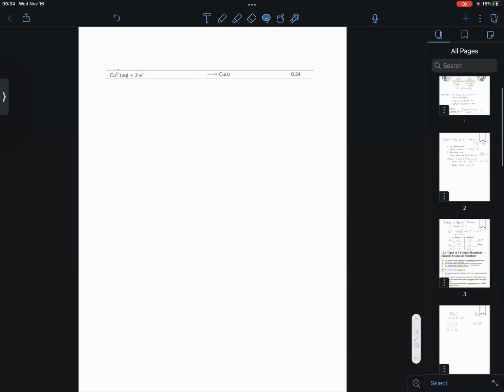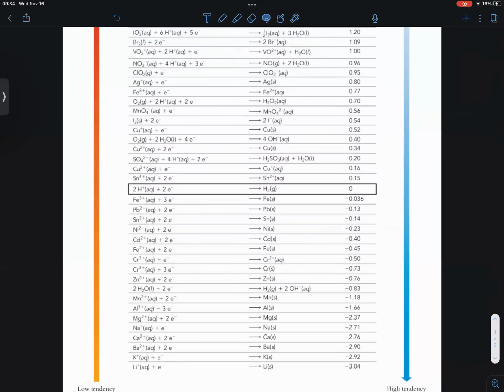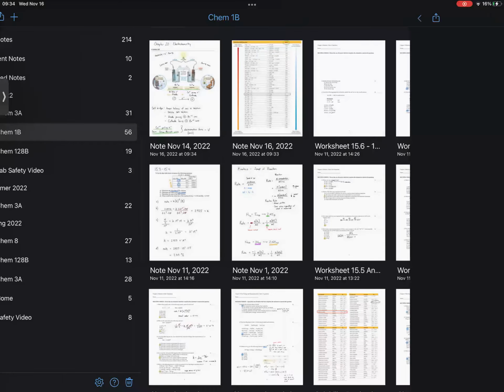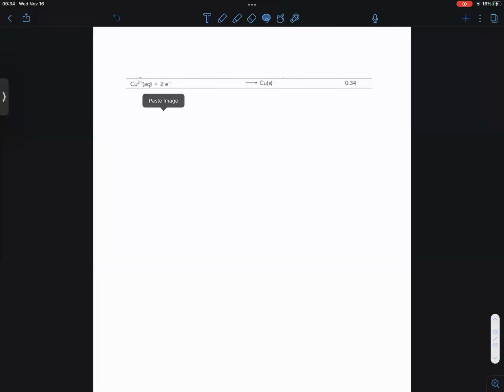The other one was my zinc. Right, so those are my two entries from my constants page.